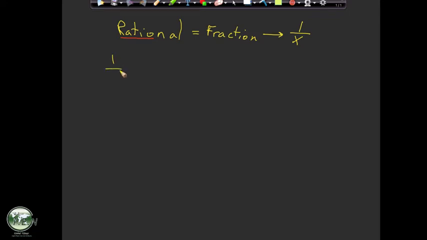What happens when we plug in 1 divided by 0 into a calculator? Give it a try. You get an error. In fact, some calculators will say error, or division by 0 error, or something. We also call this undefined. What does that mean anyway?